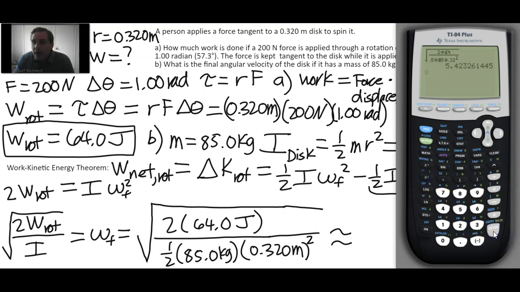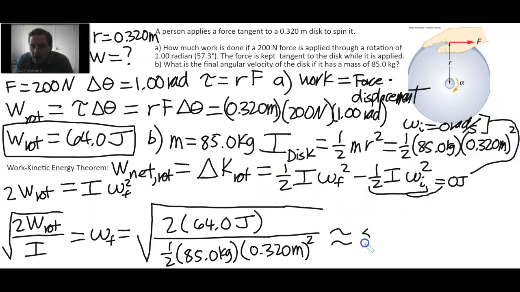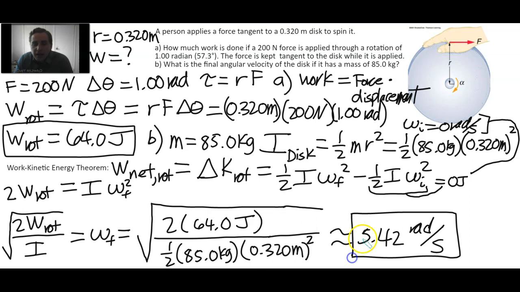Okay, so it looks like we've got about 5.42, let's write this down, 5.42, and that's radians per second, because it's an angular velocity.